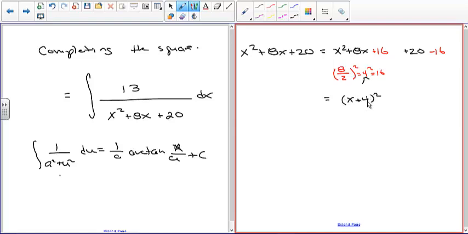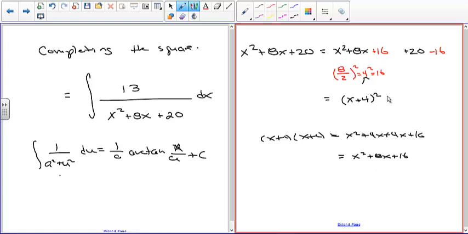You can see that if I use FOIL to evaluate this, x plus 4 times x plus 4 is x squared plus 4x plus 4x plus 16, which is x squared plus 8x plus 16, which is what I had here. So I'm going kind of the opposite direction. Instead of going this way, I'm going that way.